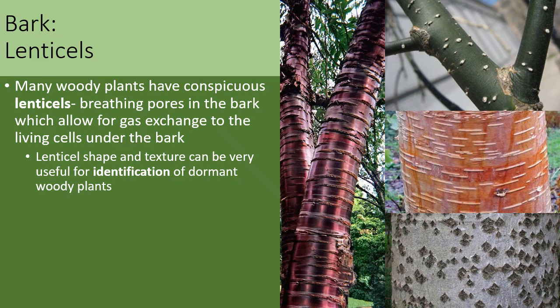This top right-hand image with the green bark is actually a willow, and willows have these kind of protruding, round, spongy lenticels. Just below that, we have a birch with its horizontal lenticels, but which are much smaller than a cherry still. And then below that, we've got these diamond-shaped lenticels of a species of poplar. So these lenticels can be really useful for ID because they often are different shapes or textures.